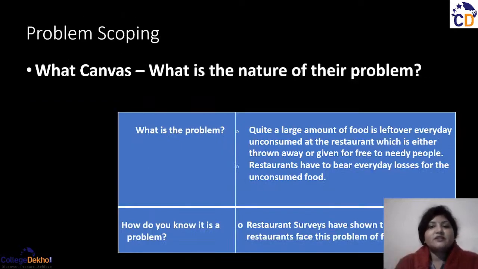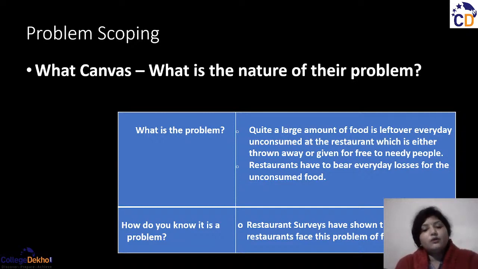So what does the canvas tell you about what the problem is? Quite a large amount of food is left over unconsumed at the restaurant every day, which is either thrown away or given for free to needy people. The most important point is that the restaurant owner has to bear the losses every day for the unconsumed food.